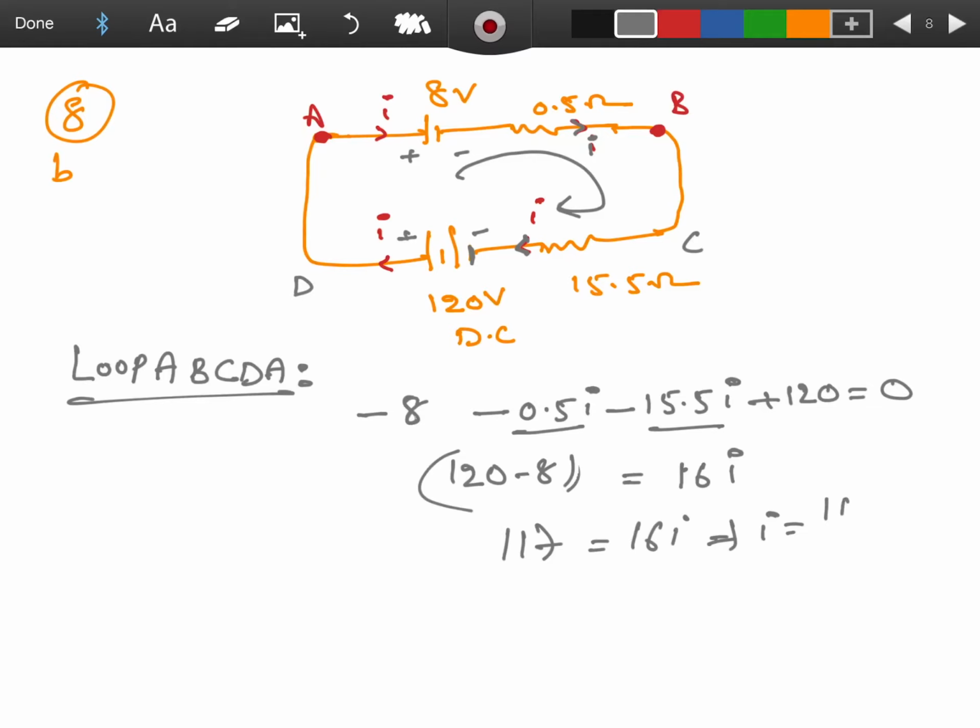I equal to 112 by 16, 16 7s are 112, 7 ampere current. It should be 7 ampere current. Alternate method also I will give you. Here I equal to E equivalent by R plus r. This is capital R, this is small r.